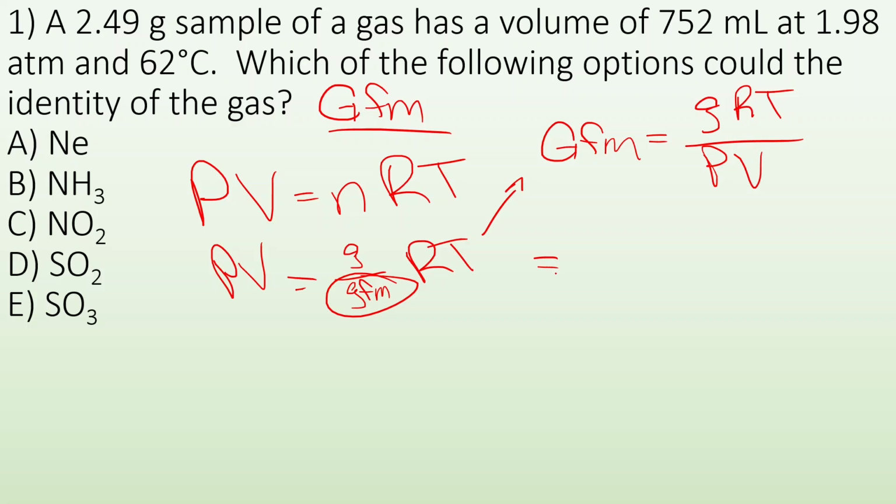Now if I plug and chug those numbers in, I have 2.49 grams times R. If I'm using atmospheres, it's got to be 0.08206 liter atmospheres over mole Kelvin, times the temperature in Kelvin. 62 Celsius, I have to convert to Kelvin. Adding 273, I end up with 335 Kelvin.